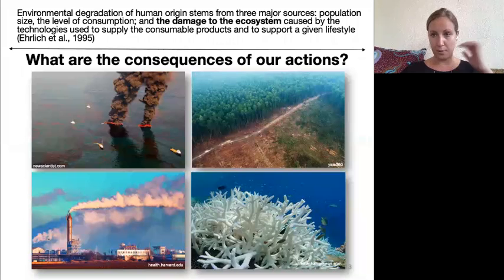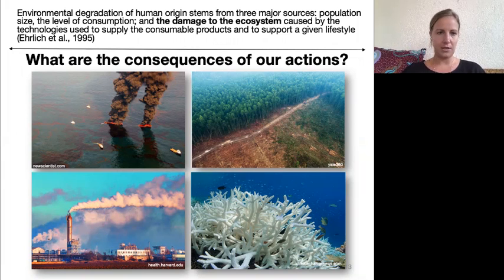So what are the consequences of our actions and the damages to the ecosystem? We saw from the introduction to One Health that a lot of the challenges we're living through right now are the end result of our actions: the increase in population, our ecological footprint, as well as our level of affluence.